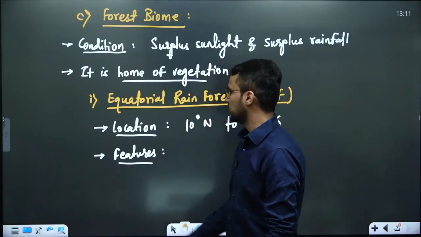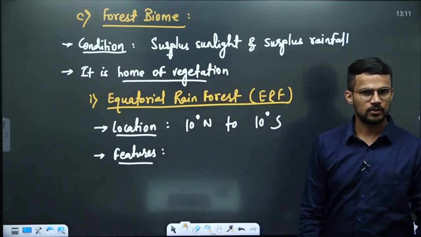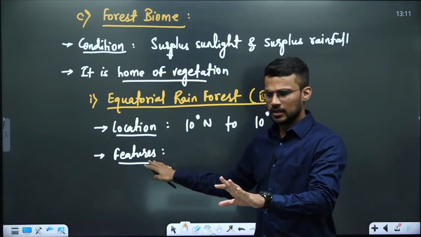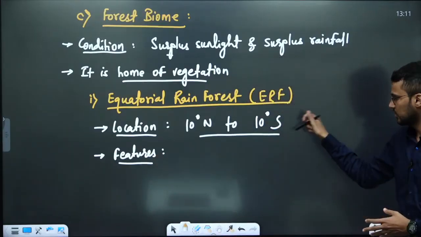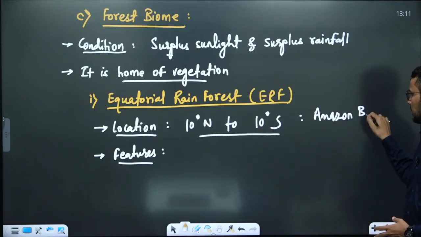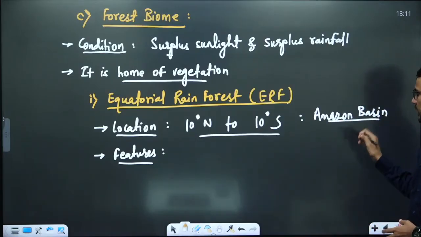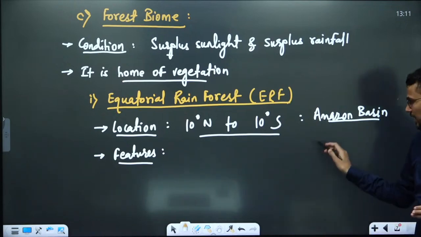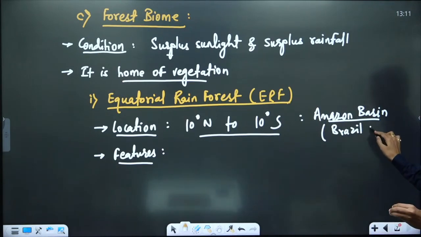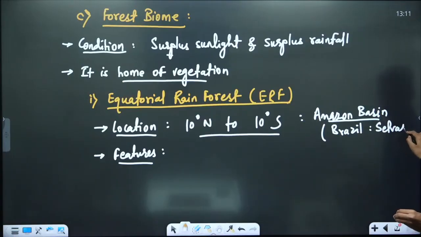So, what kind of features are there in this particular area? Write features, and after that write locations. Locations: Amazon basin, right? Amazon basin. In bracket, in Brazil especially, this forest is called selvas.